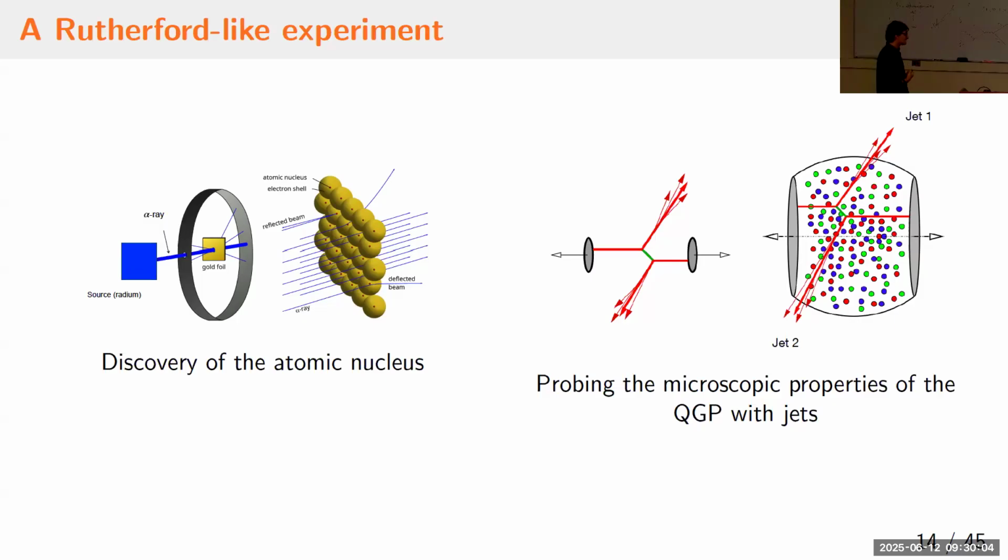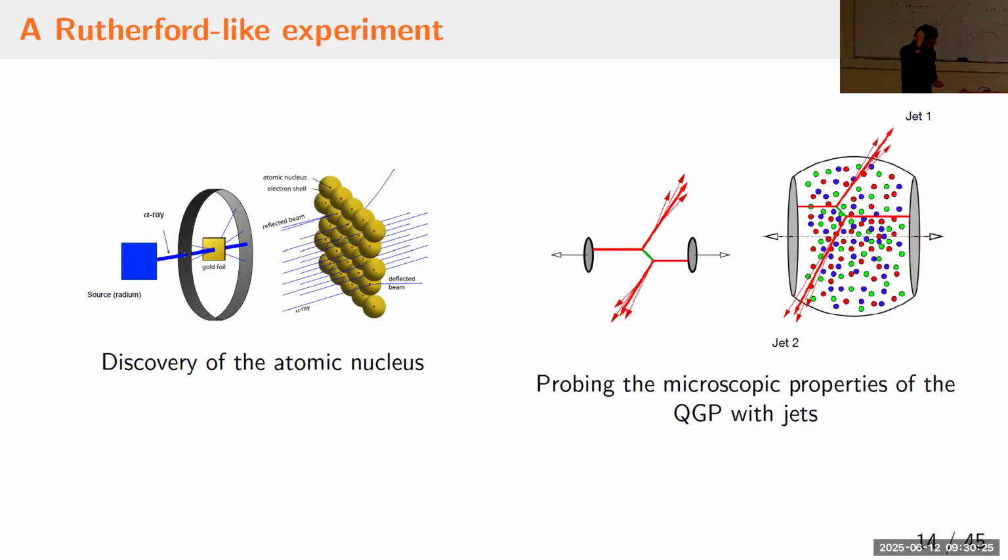So we want to understand the QGP. We want to understand non-equilibrium dynamics of QCD by studying these jets. We want to use jets because they are well understood from a theoretical standpoint. We want to use them to really probe this matter.